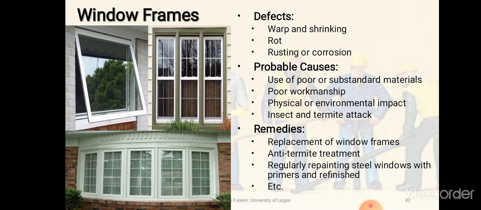Depending on the type of material with which the window frame is constructed, a window frame that is constructed with wood or timber could have shrinkage problems or could warp, meaning that this wood or the timber may twist. A twisted window frame member is a defective window frame member.